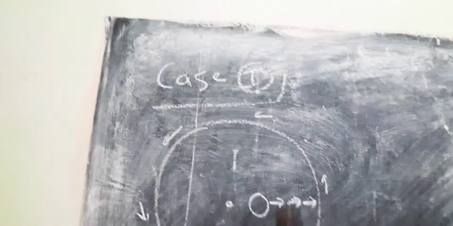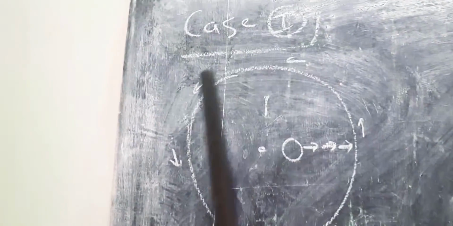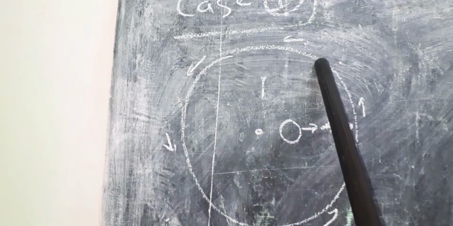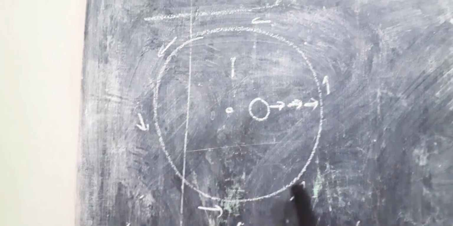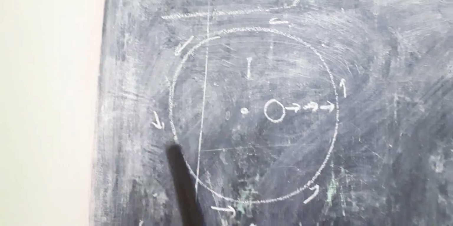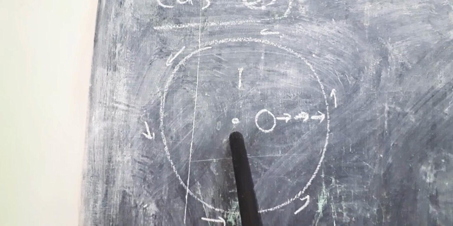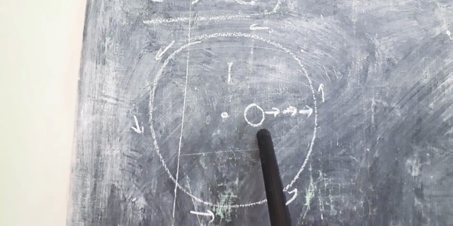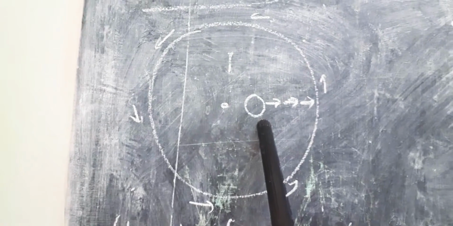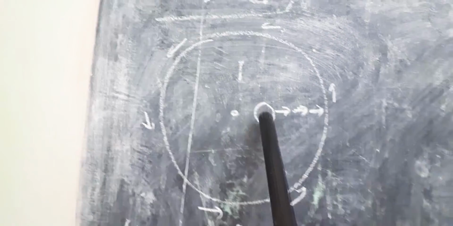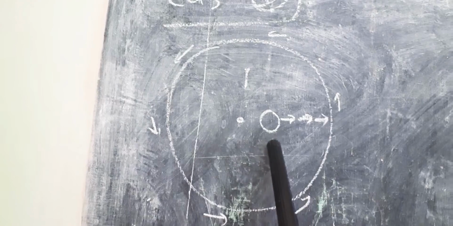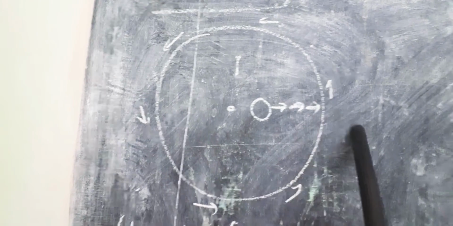Case number 1. Suppose this is the gramophone disc. This big circle indicates a gramophone disc which is rotating, and this is the center, and the coin is placed at a distance of pi centimeter. Because of this rotation, the coin slips towards the edge.